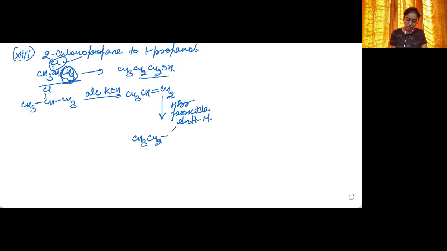CH3CH2CH2Br. Okay, now just treat it with aqueous KOH. It will lead to the formation of 1-propanol, that is the required molecule. Okay, let's now move into the next part.